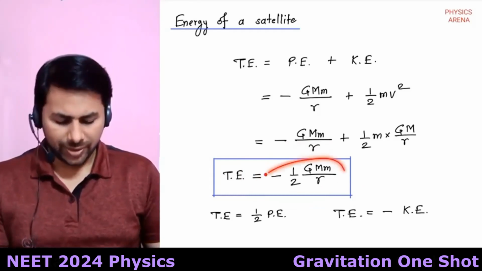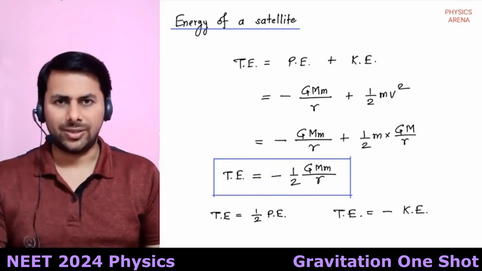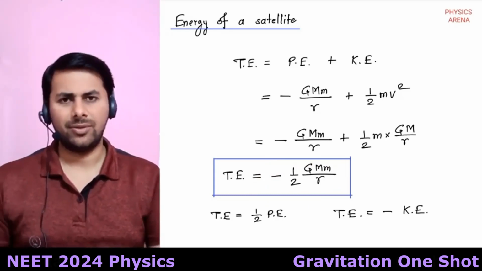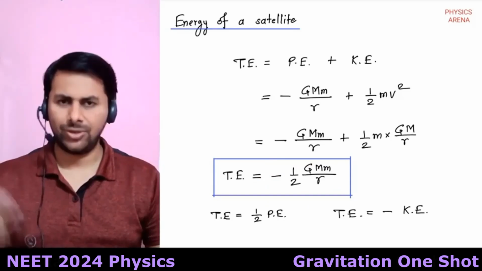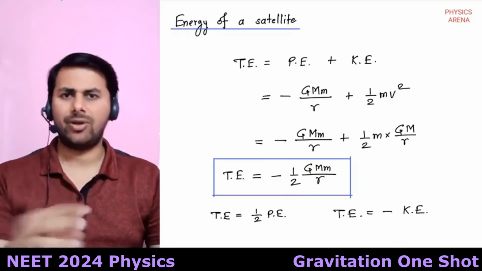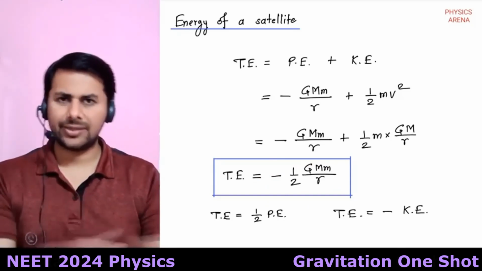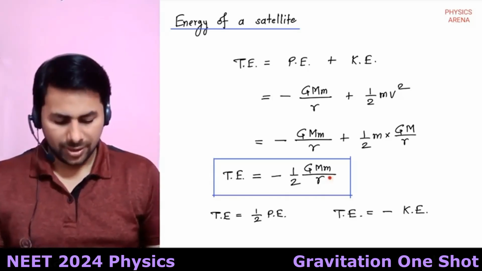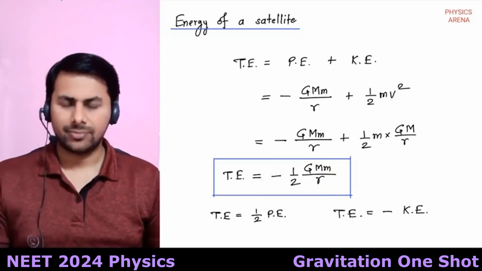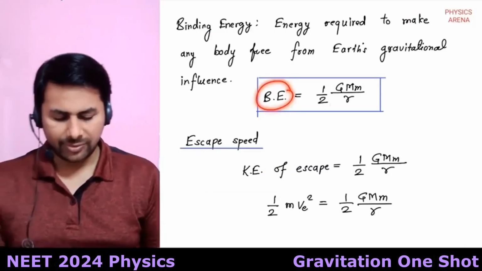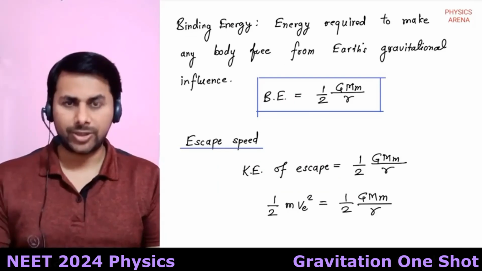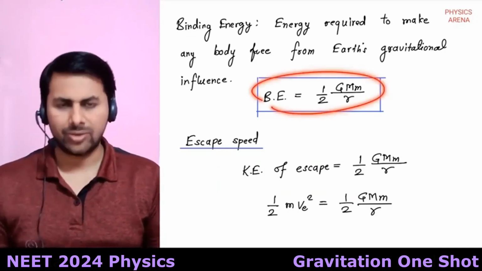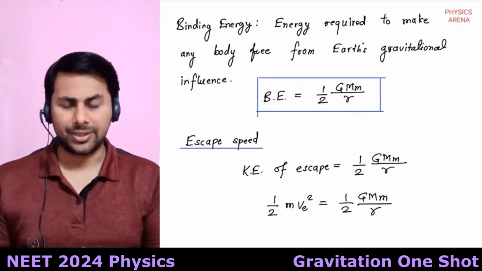If you give this much positive energy to the satellite, it will escape. How do you give that energy? You give it some velocity, so it will escape the Earth's gravitational bound. So binding energy is equal to positive half of GMm upon r. Binding energy is equal to the negative of total energy.